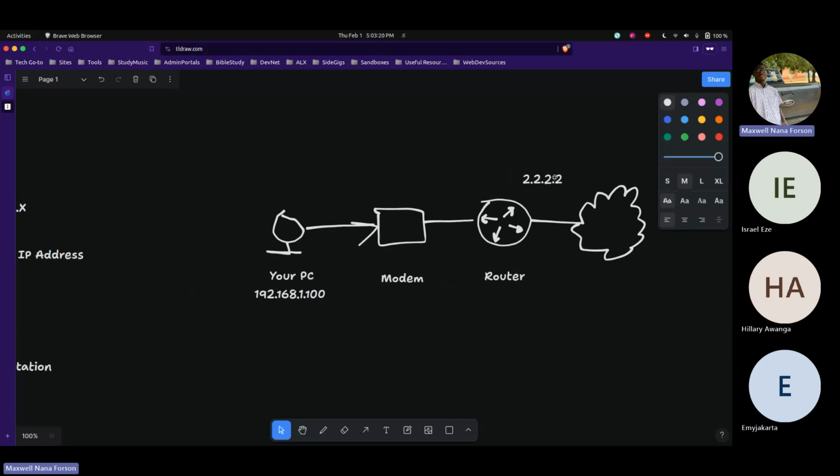So the router over here would change your IP address to 2.2.2.2 and send it onto the internet. So the router will be impersonating you. It will behave as if it sent the connection.